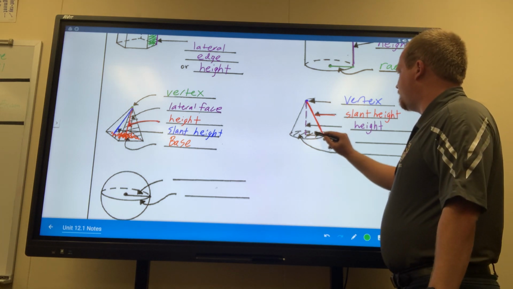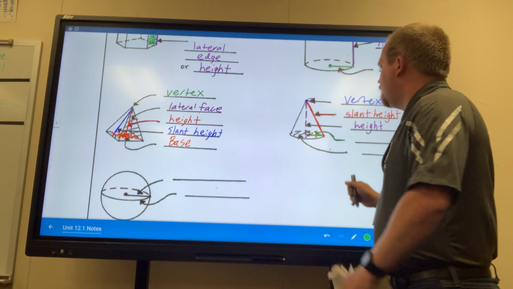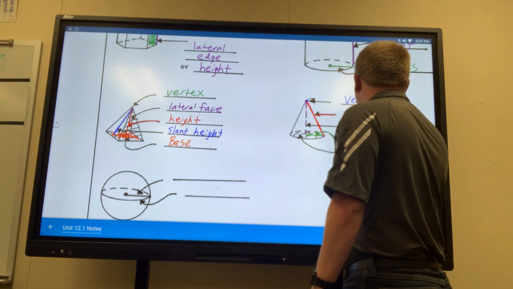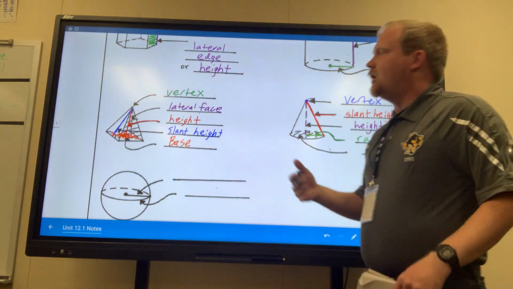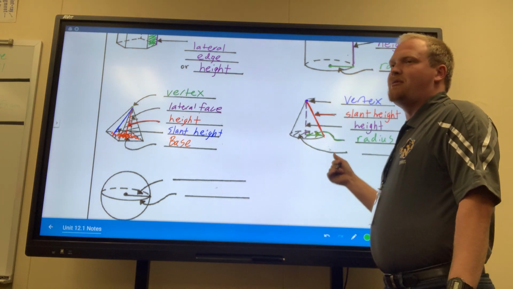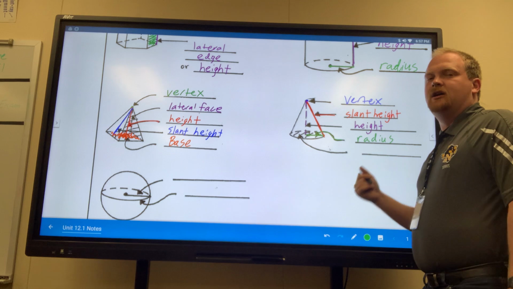Now, here's another thing that makes the cone different from the pyramid. We have to distinguish this radius here. So a cone does have a radius, a pyramid won't. So that's one thing we've got to remember with cones, is that we've got to distinguish the radius of the cone.